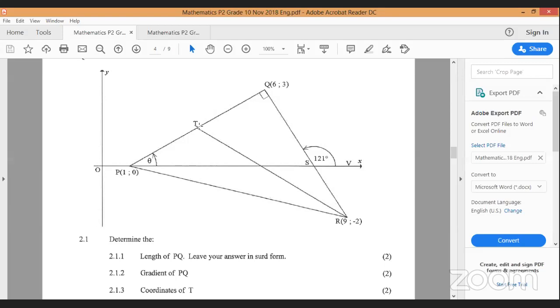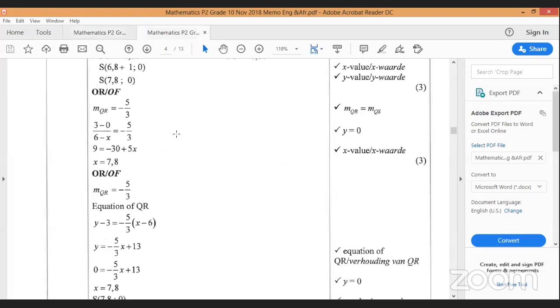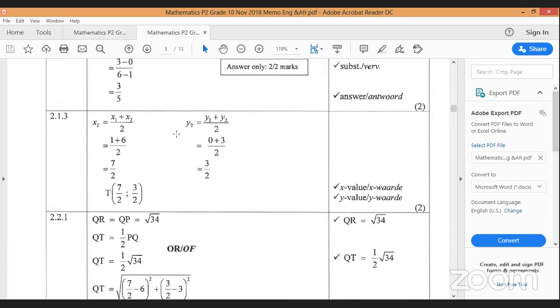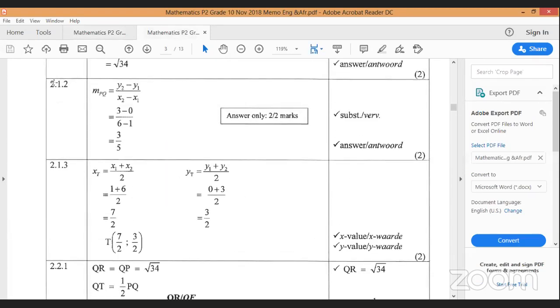And I said the downward sloping gradient is always going to be negative. However, now this must be negative because it's going this way, downward sloping. This was the upward sloping, right? If you look at question 2.1.2, it was the gradient of PQ and we got 3/5.